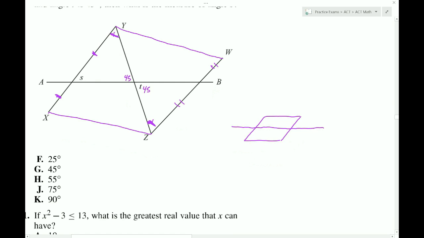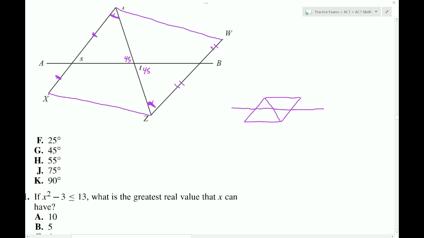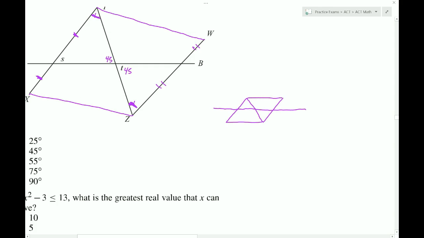And yeah, we also have another line that's cutting across this diagonal. Right, so let's use this picture instead, shall we? So we know that this is 40. Whoop, that's not 45.